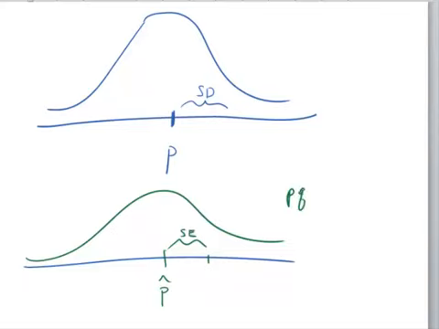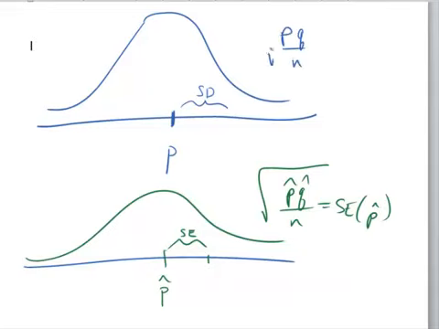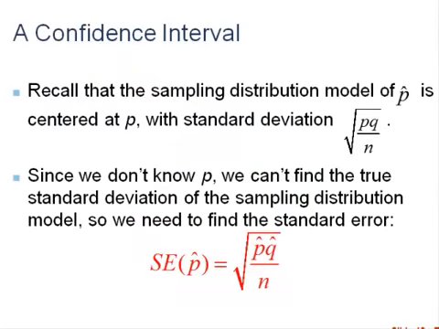So we'll have the square root of p hat q hat over n as the standard error of p hat, versus the true p, the true q over n as the standard deviation of p hat, because that's when we actually know our p value. So a confidence interval is this idea of how do we capture. It's a sampling distribution model of p hat centered at p, because again, that's what we think the center should be, with a standard deviation. But since again, we're going to use standard error to help us estimate that.